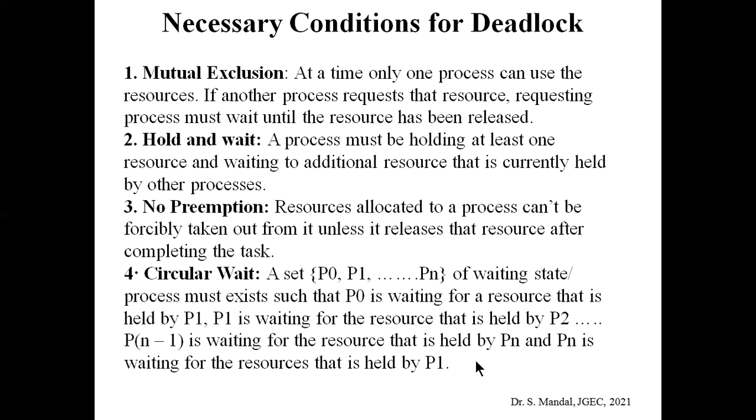So that is the non-preemption or non-preemptible resource. In case of a non-preemptible resource, deadlock will occur. Okay. Circular wait. Consider a set of processes like P0, P1, up to Pn.